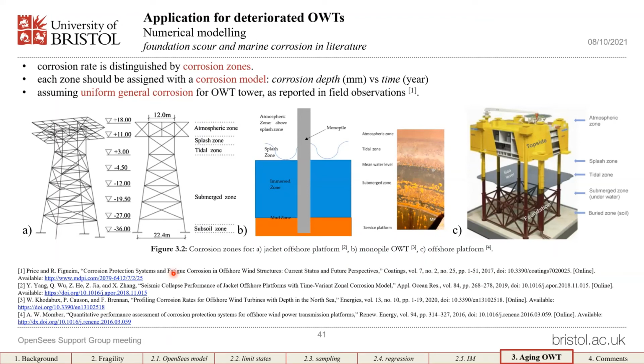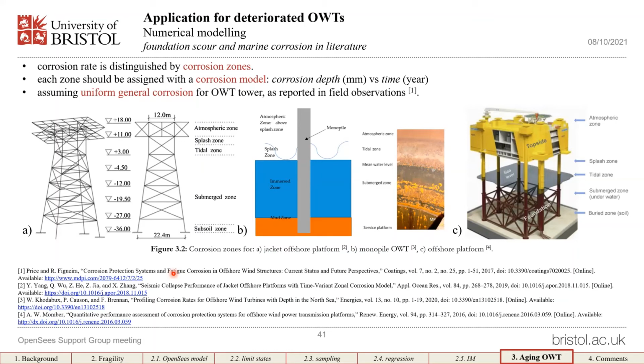And about, I think you mean corrosion loss in terms of loss of cross-sectional area. Can you please repeat? It's not very clear, sorry. How can you apply the uniform corrosion model to the OpenSees model? All right.